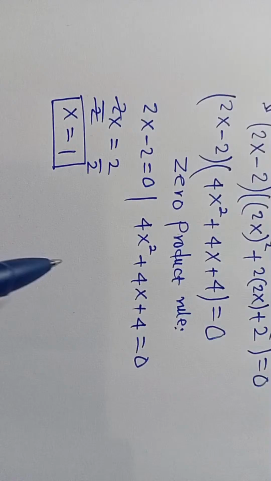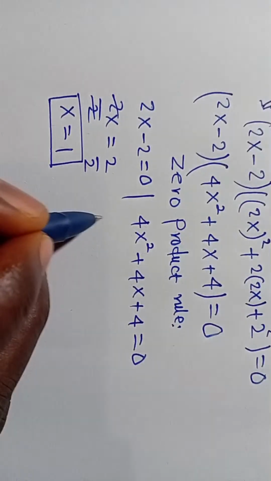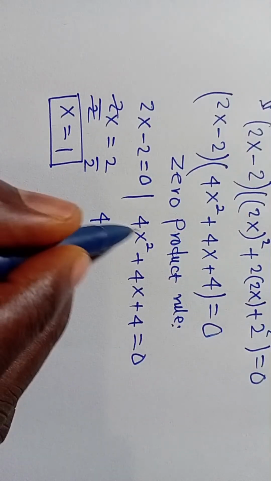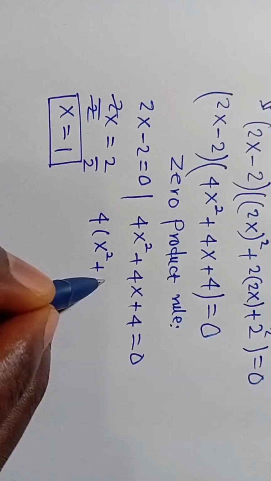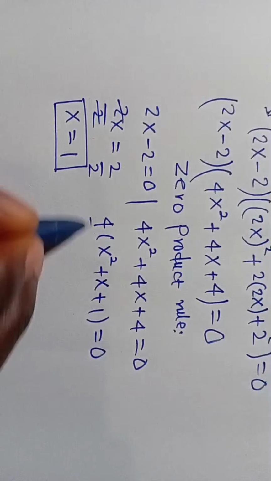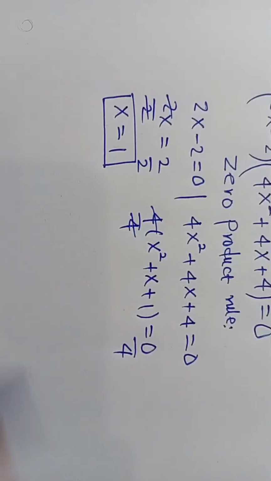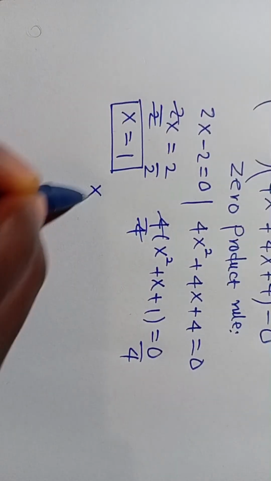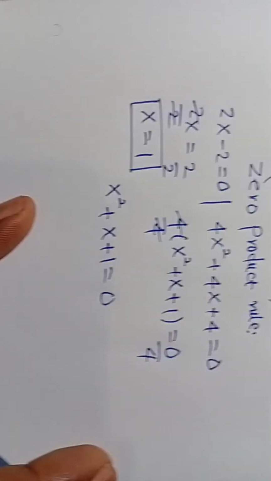And from here too, we have this to be 4x squared plus 4x plus 4, let's factor 4, x squared plus x plus 1 equals 0. Divide through by 4. So from here we have x squared plus x plus 1 equals 0.